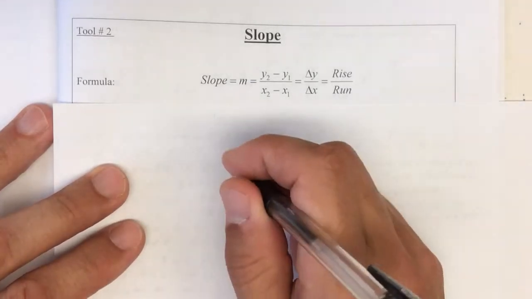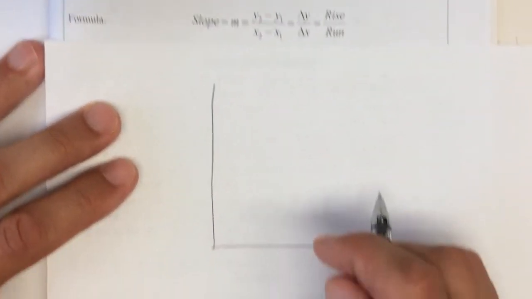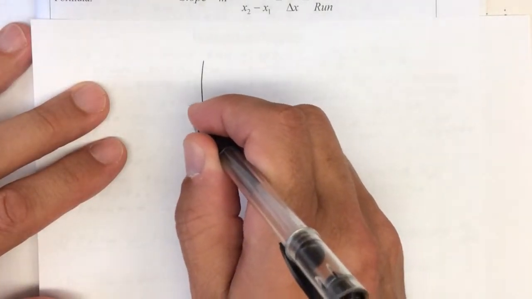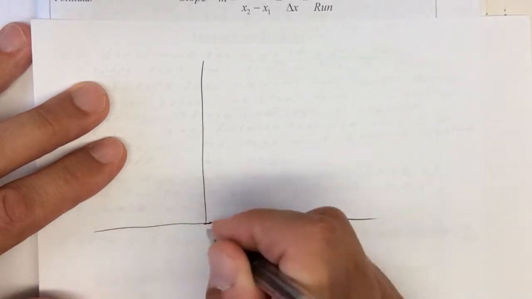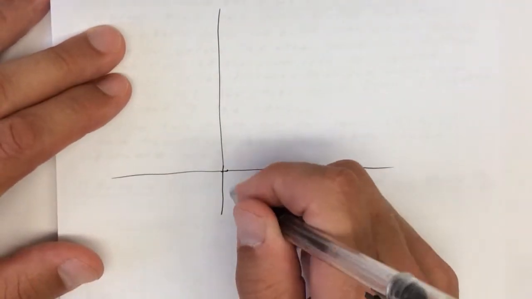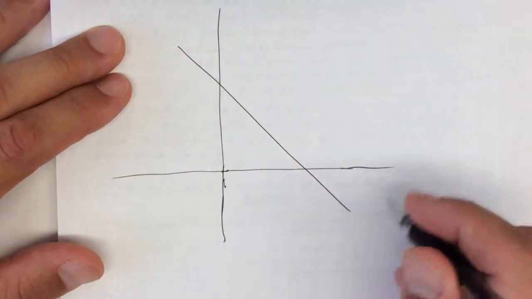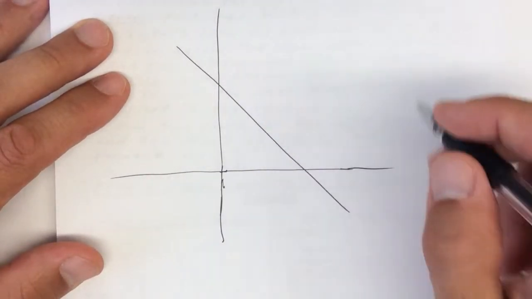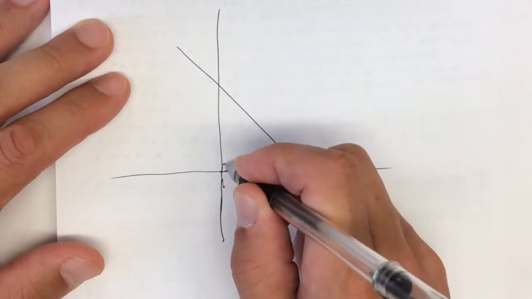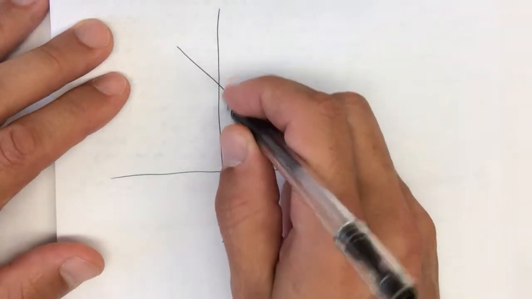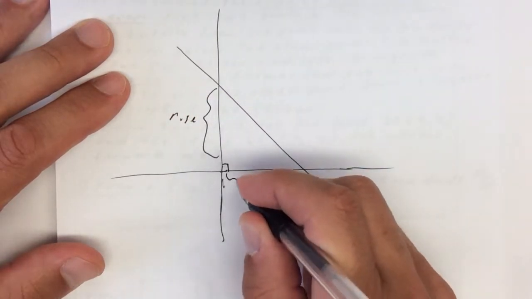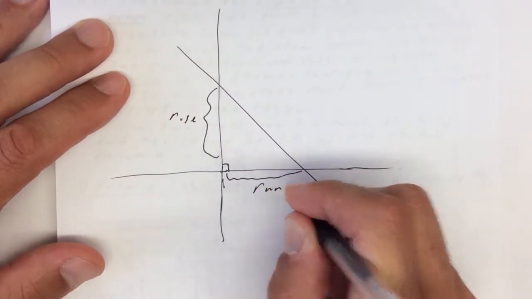So you might have something that looks like this. There is the graph, and the line would look like, make it a real Cartesian plane. The line could go like this. It's going to have a negative slope. If you take a triangle on it with a 90-degree angle in it, then this would be the rise, and this would be the run.